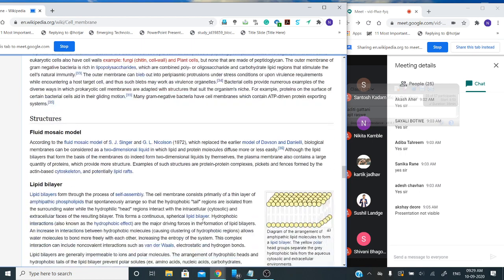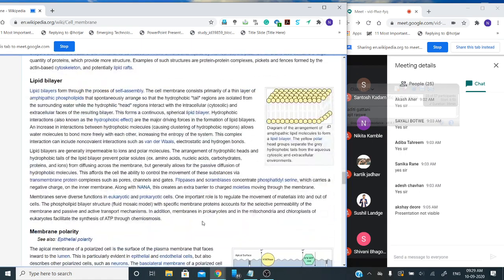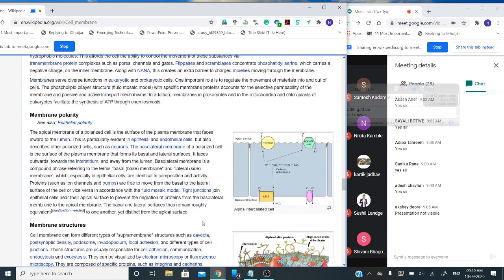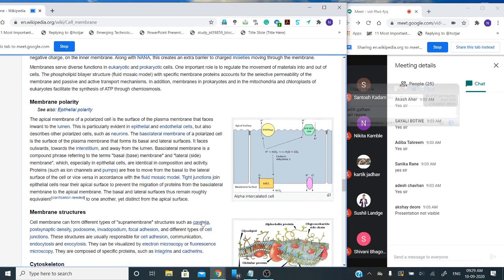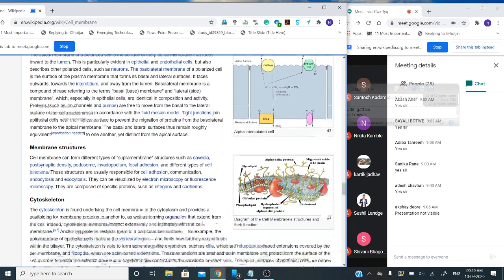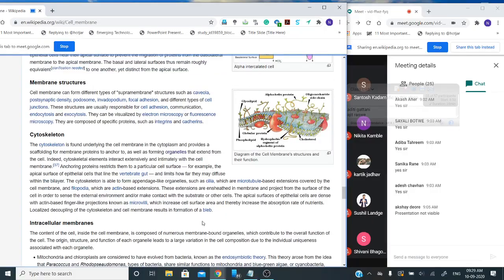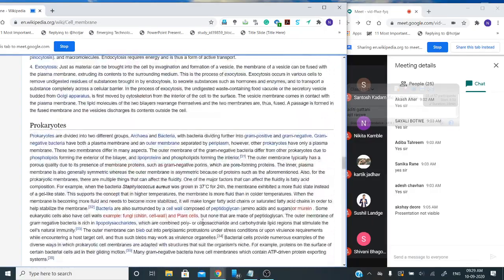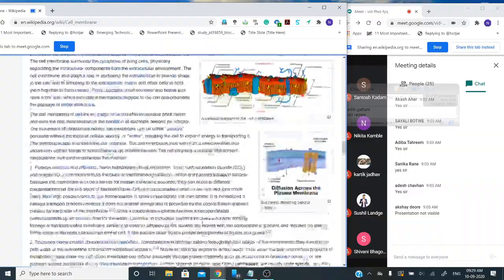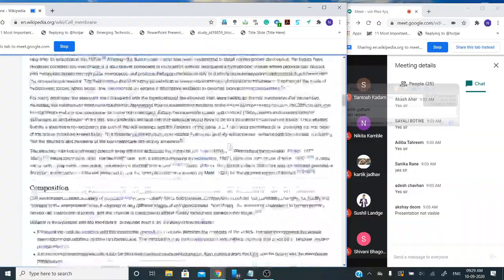So we have seen all these structures. We have seen the fluid mosaic model, the polarity and its impact. Then various structures we have seen. So this is how the structures are important, and this is how the cell membrane is important.